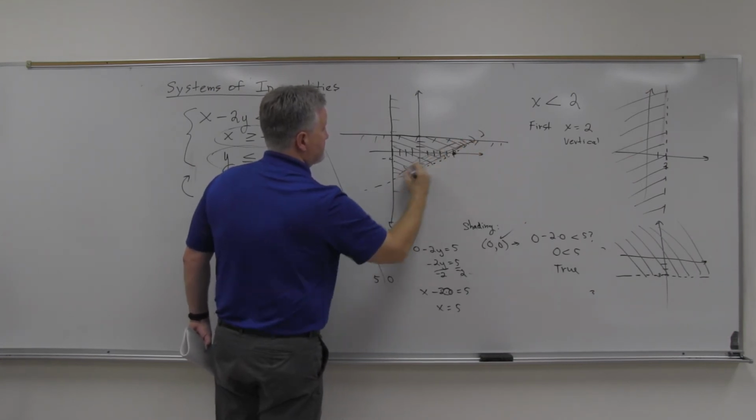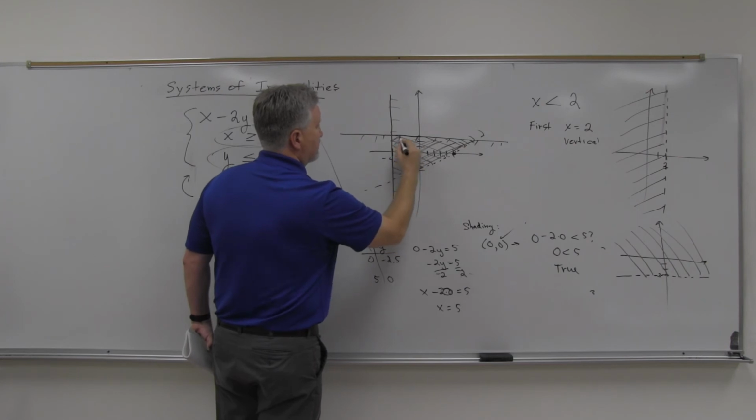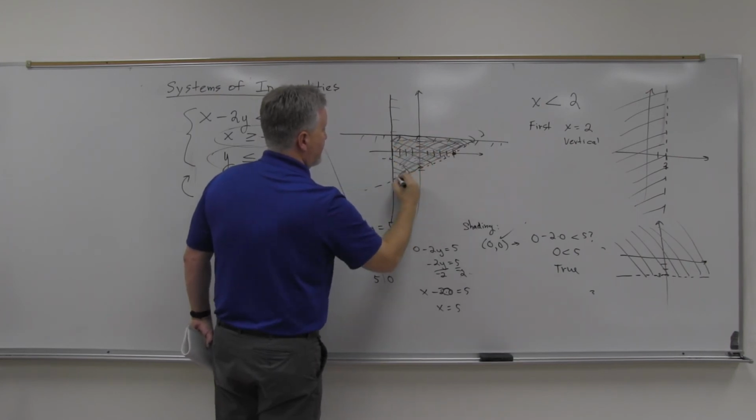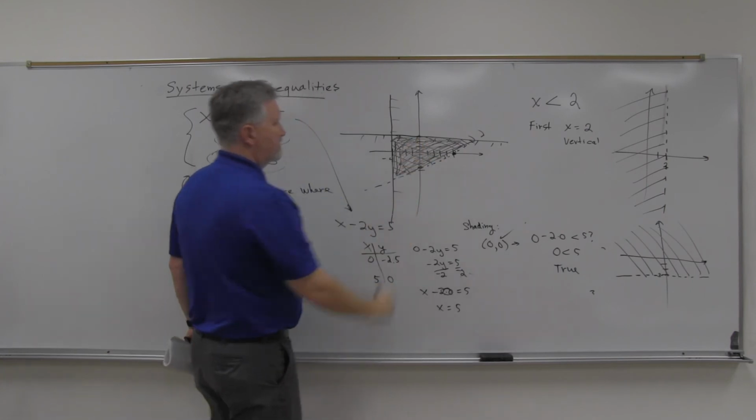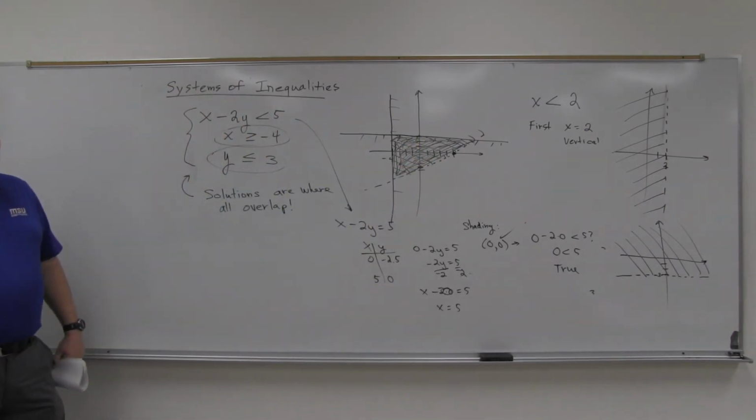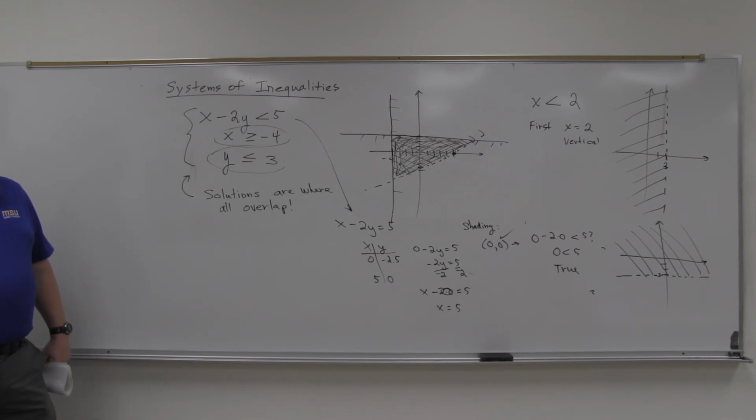You want to make sure that's really the only shading to be done as far as the solution to the system. It is the triangular part inside there. Okay? With me?